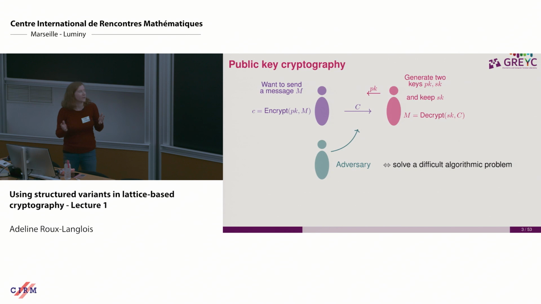We want to prove that learning something about the message given a ciphertext is exactly solving a difficult algorithmic problem. So all the difficulty here is to find nice, difficult algorithmic problems to build an encryption scheme or other constructions in public key cryptography.